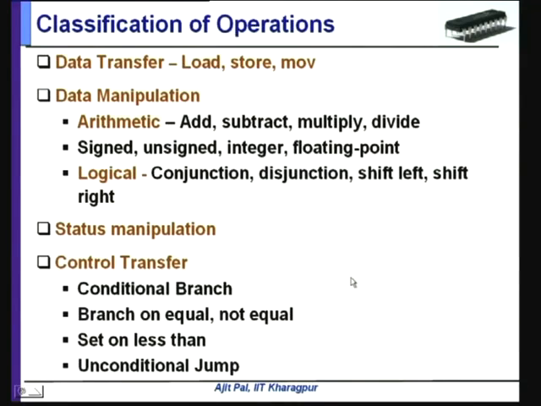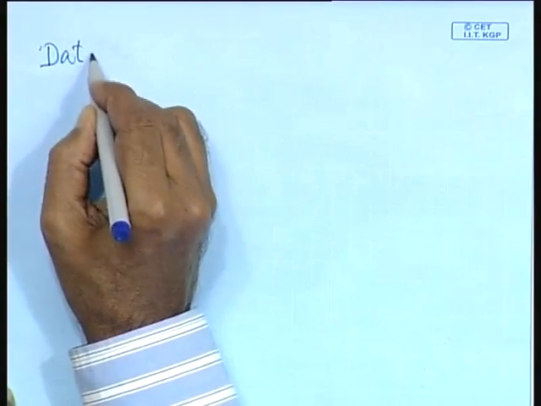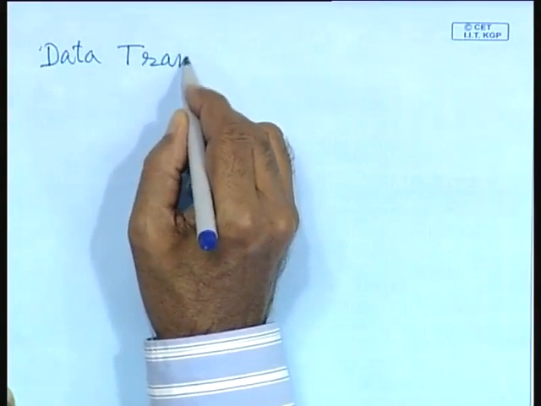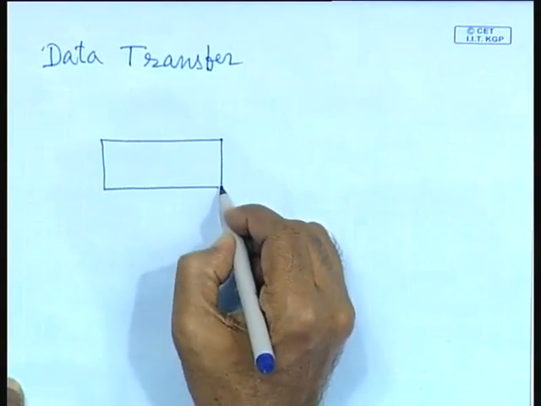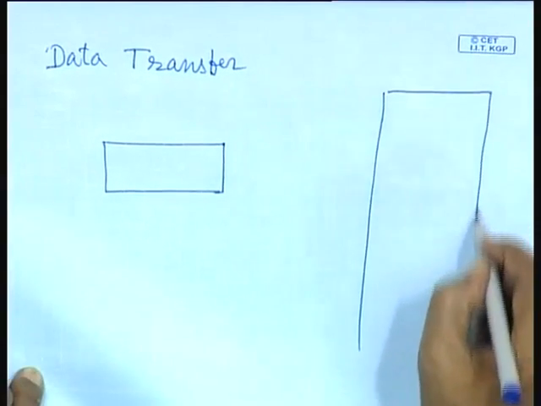Now let us come to the classification of operations. The operations can be classified into four different categories, as you can see. First, data transfer. Data transfer means the transfer is taking place from register to memory or memory to register. So you have got some registers and memory, this is your storage space.